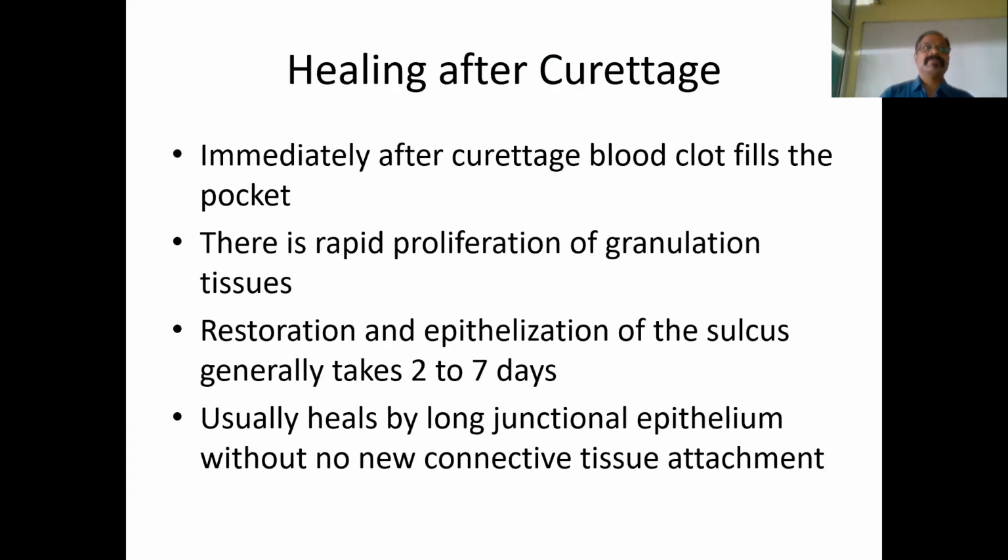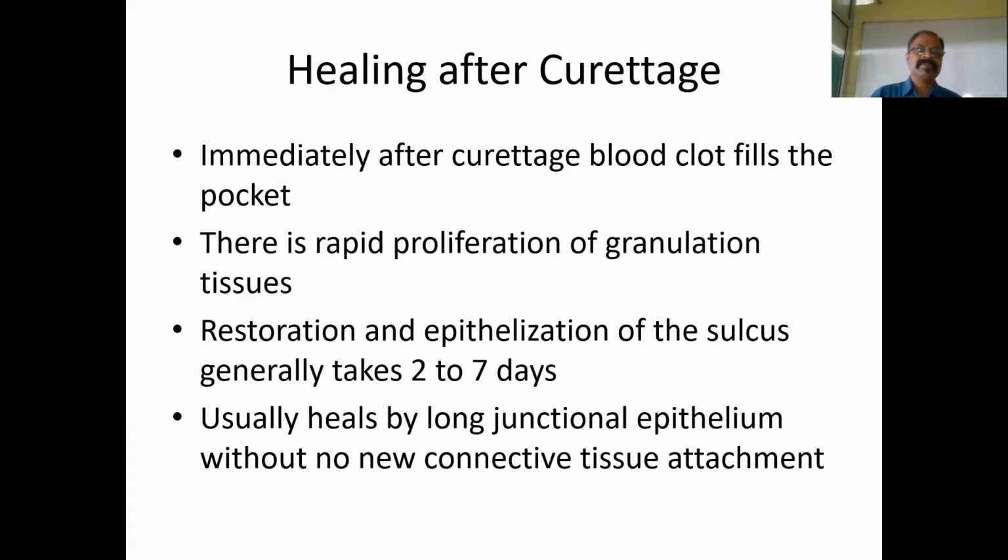What happens after you do a curettage process, healing after curettage? Once you remove the soft tissue wall or lining of your periodontal pocket, it's not called a pocket anymore. The sulcus basically is filled with blood, and then it obviously forms a blood clot. The blood clot is replaced by granulation tissue.